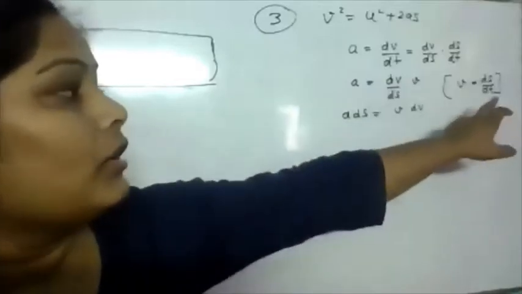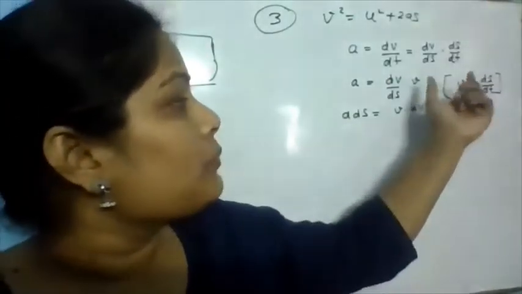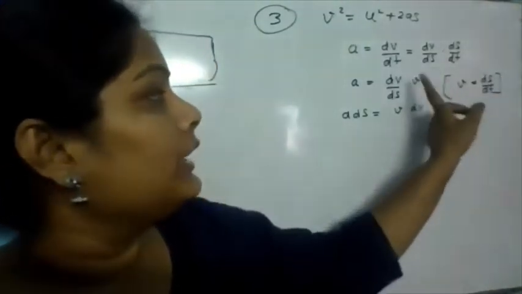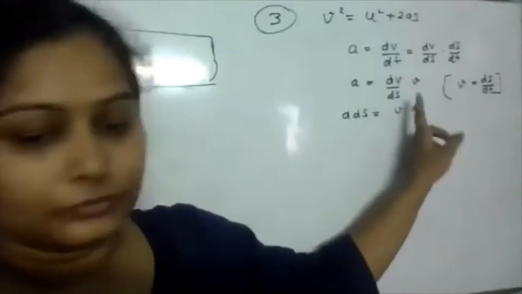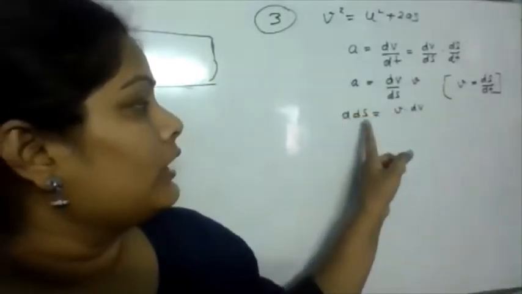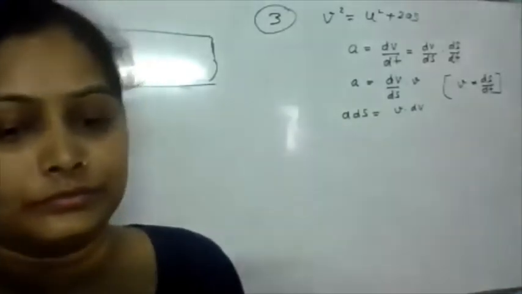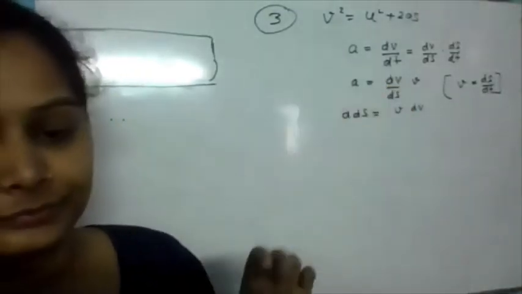We know that v equals ds upon dt, so I'm just putting the value of ds upon dt here. Now this ds comes here: a dot ds equals v dot dv. Is this equation clear?